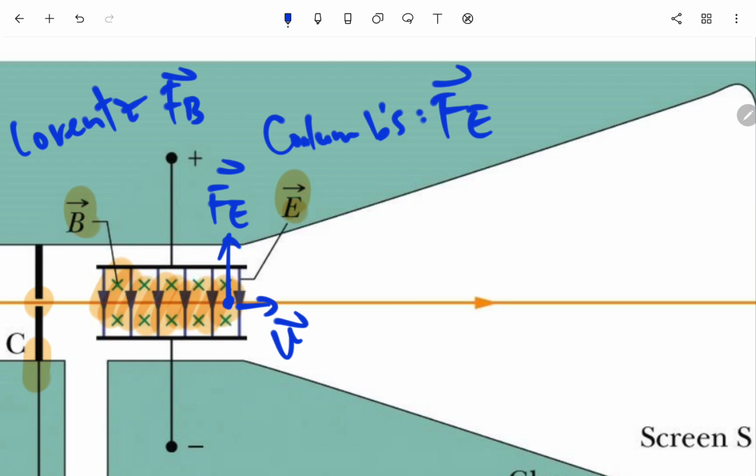Cross it like this: the thumb is pointing upward, so this is the direction of V cross B. But the electron is a negative charge, so our thumb is pointing downward. So this is Fb.